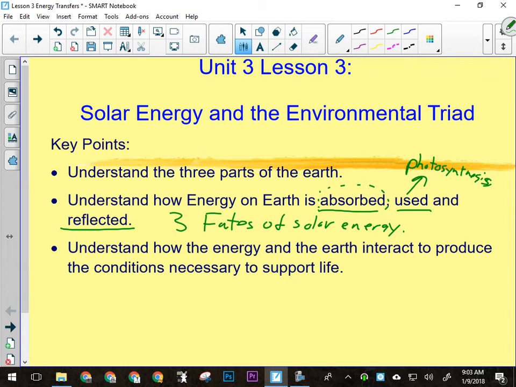All right, so used is photosynthesis. Absorbed means there's going to be an increase in temperature. Okay, reflected means no change. If it just bounces off, okay, then essentially nothing happened.